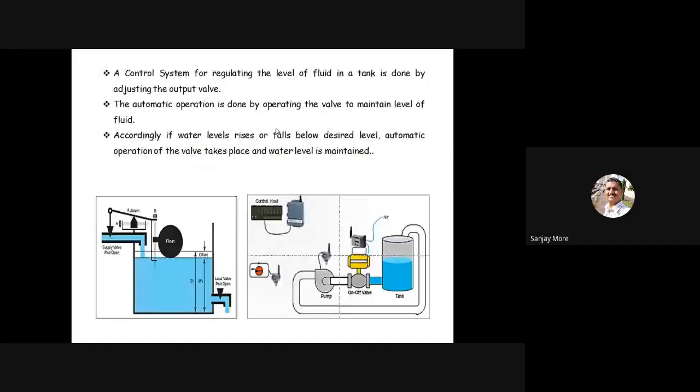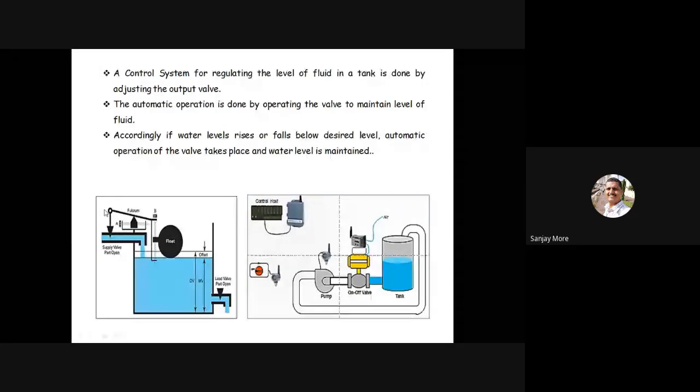Okay. Here is the description: a control system for regulating the level of fluid in a tank is done by adjusting the output valve. It means the control system regulating the fluid level in the tank is adjusted by the output valve. The automatic operation is done by operating the valve to maintain the fluid level.